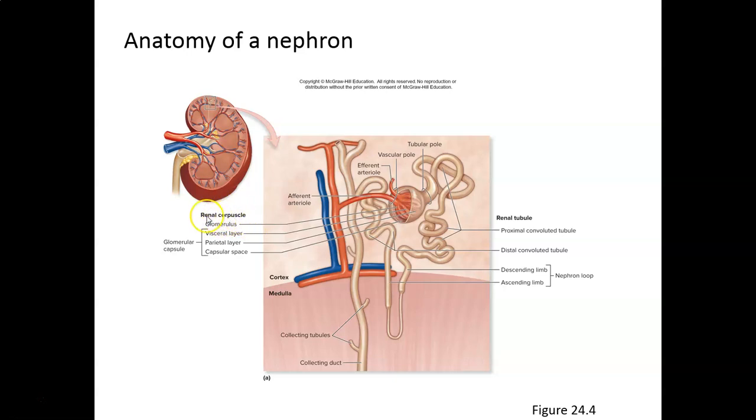corpuscle. The renal corpuscle is the first part of a nephron, and the filtrate is going to be generated in this compartment, in the glomerular capsule, and then flow into the nephron tubules.